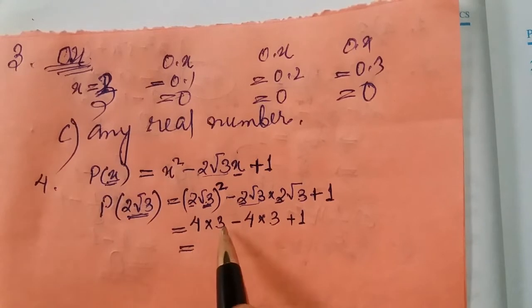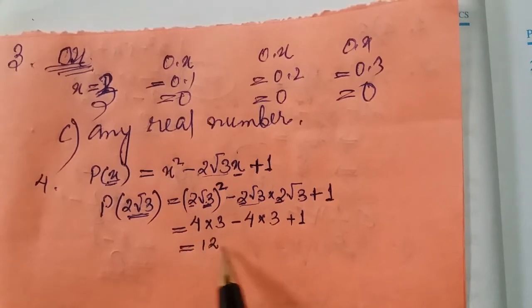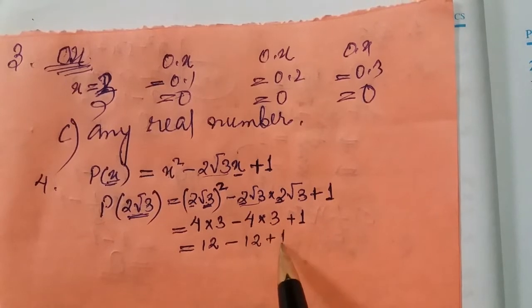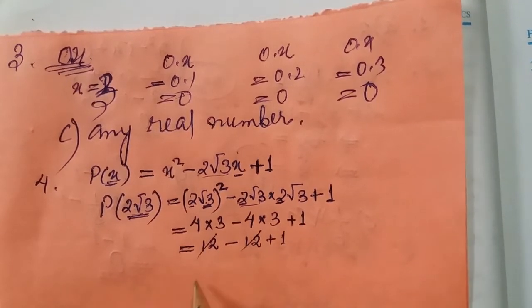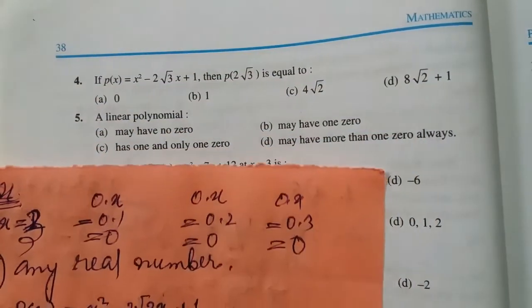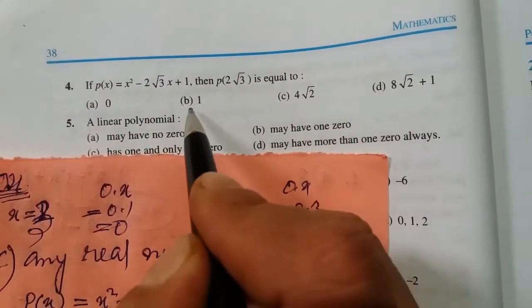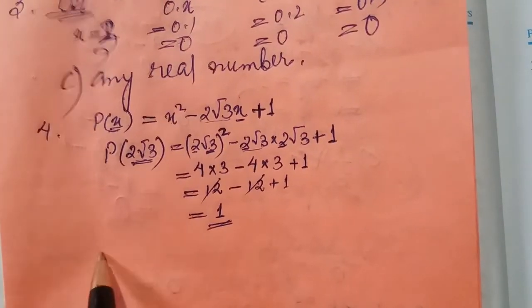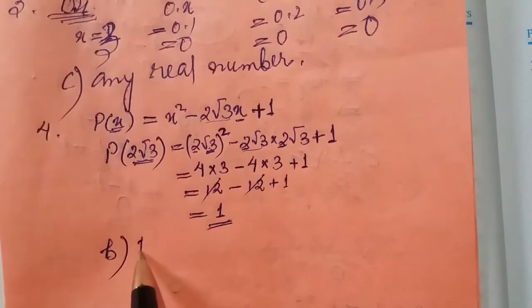Now 4 3s are 12, minus again 4 3s are 12, plus 1. Now 12 minus 12 is 0, so we have 1. So this is the answer. B is the right answer. Question number 4, answer is B, which is 1.